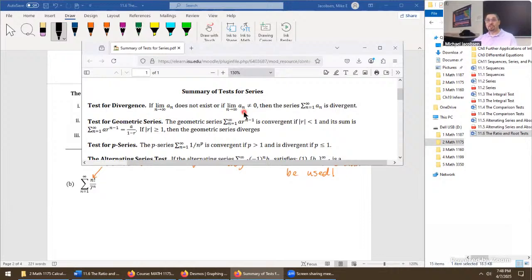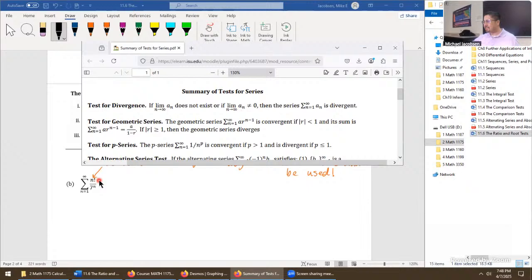Trouble with test for divergence is we're running a limit involving factorial in the numerator, exponential in the denominator. It's indeterminate of type infinity over infinity, but L'Hopital's rule is not here to help us because that function is not continuous at all. It's not differentiable at all. It's a discrete function. It takes inputs the integers and it outputs the integers.